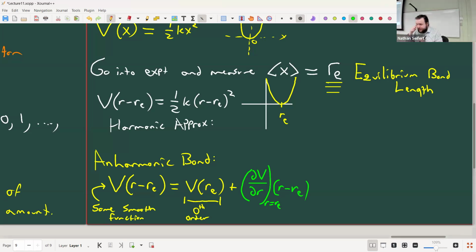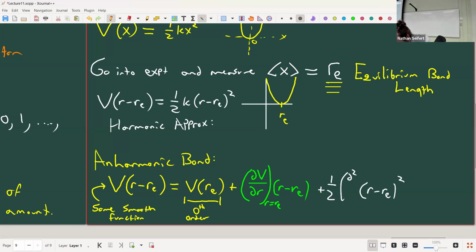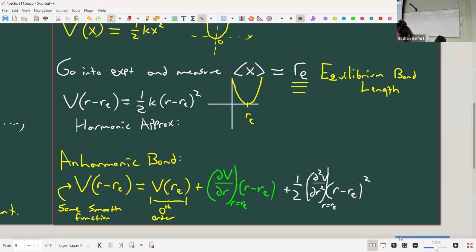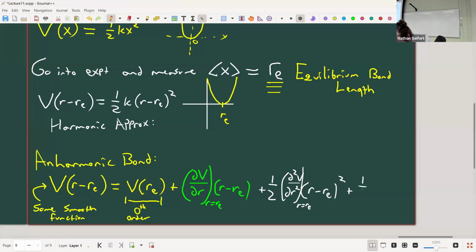So that's the slope at that point. Then we have a quadratic term, r minus re squared times 1/2 times the second derivative of the potential with respect to position, evaluated at r equals re. And then maybe we'll have a new term, proportional to the third derivative of the potential, times r minus re to the third power.